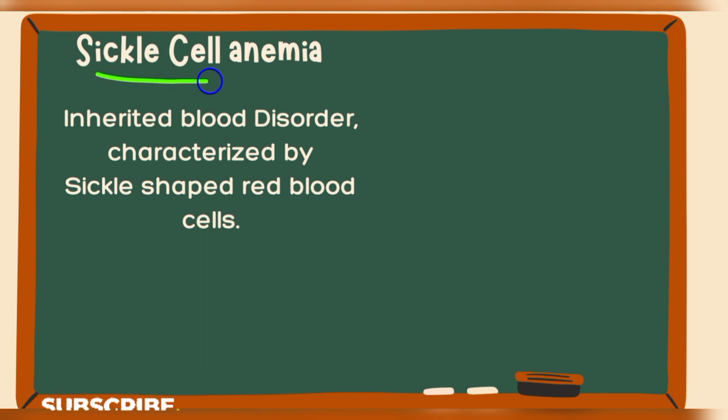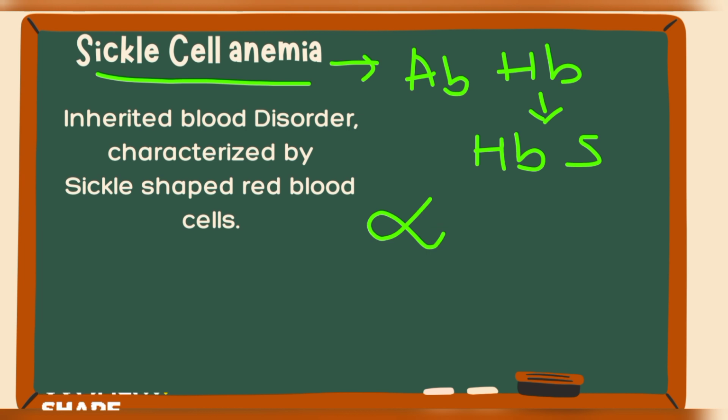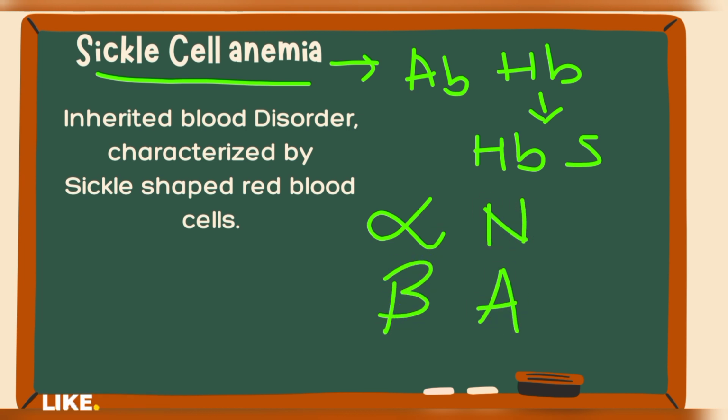Sickle cell anemia is also called as hemoglobin SS disease or sickle cell disease, and it is common in people of African origin. Sickle cell anemia is due to abnormal hemoglobin called as hemoglobin S. In this case, the alpha chains are normal, but the beta chains are abnormal.